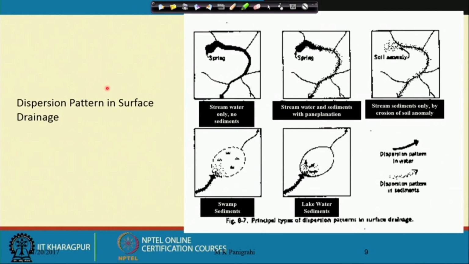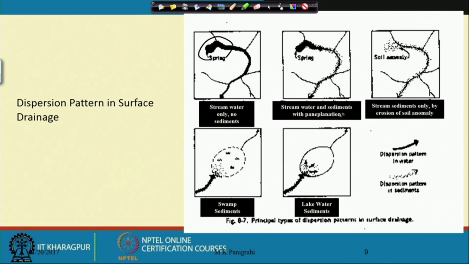And these are some interesting patterns in terms of dispersion. These are the dispersion patterns in surface drainage. If we have an ore body here and it has a radial kind of drainage pattern, then the metal of interest will get dispersed in the stream water only, but no sediments.